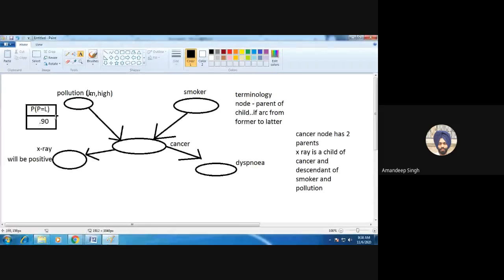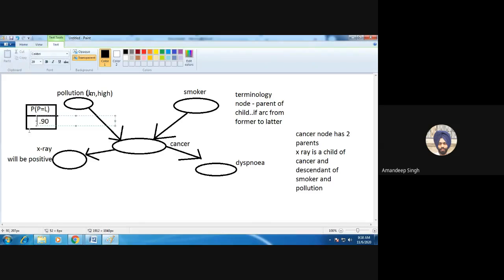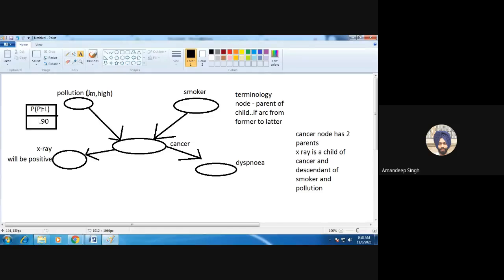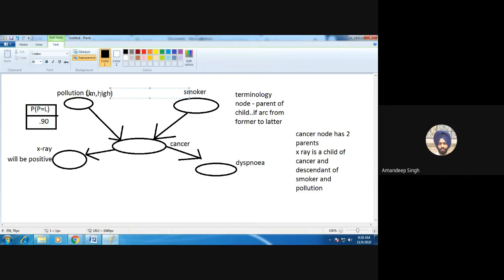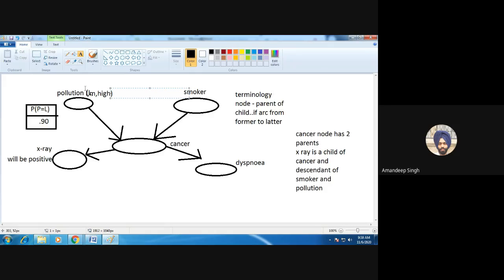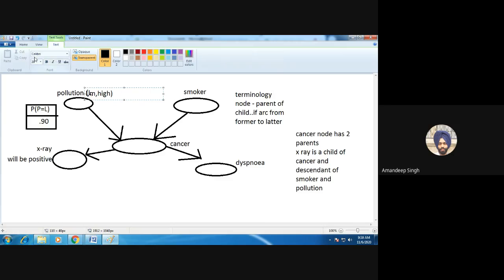That is, one row is there. Now this pollution node does not have any parent node, so only this single value is there. That is, a single row is there.